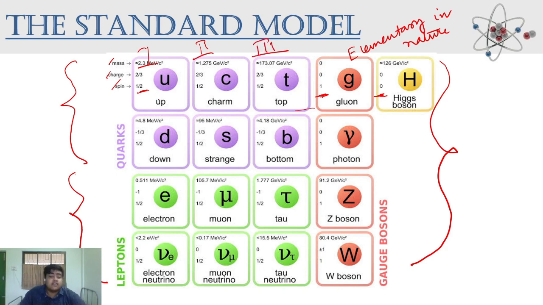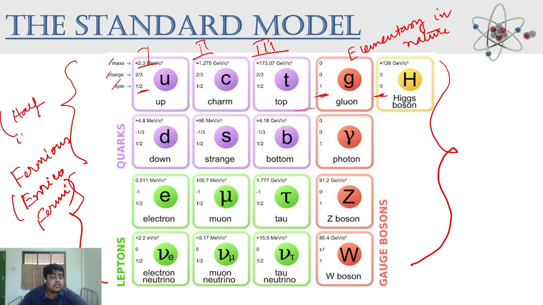Now all of these elementary particles, the quarks and leptons, are collectively broadly classified as fermions. Fermions, named after Enrico Fermi. These particles have half integral spins, and they obey the Pauli exclusion principle.